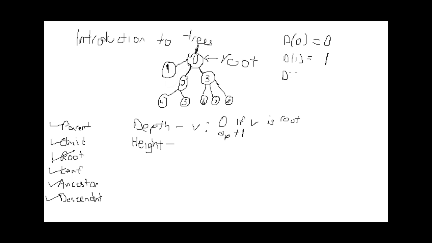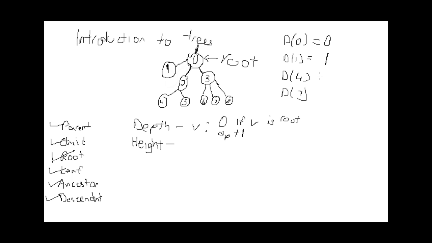So similarly, let's do depth of 4 and depth of 7. So in order to know the depth of 4, we need to know the depth of its parent. And in order to know the depth of 2, which is 4's parent, we need to know depth of 0, which we know. So depth of 2 is depth of 0 plus 1, so depth of 2 is 1.